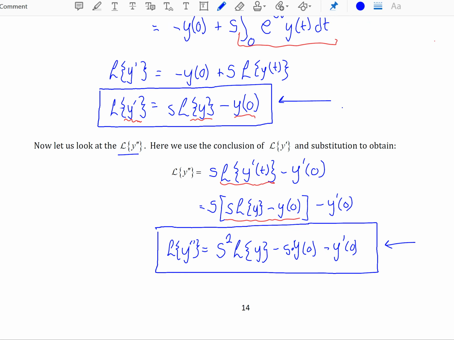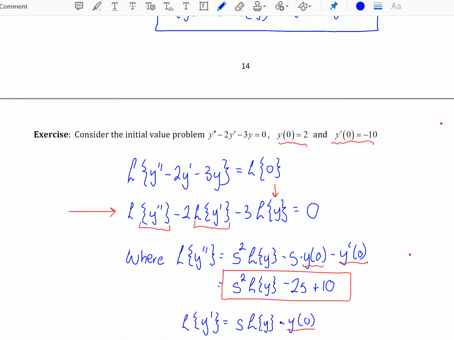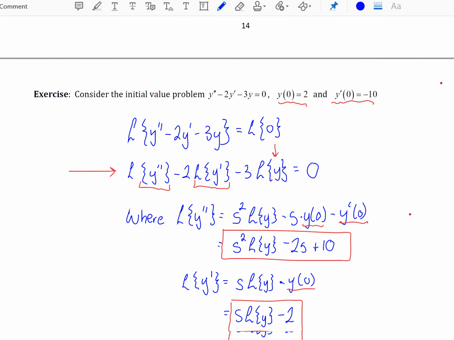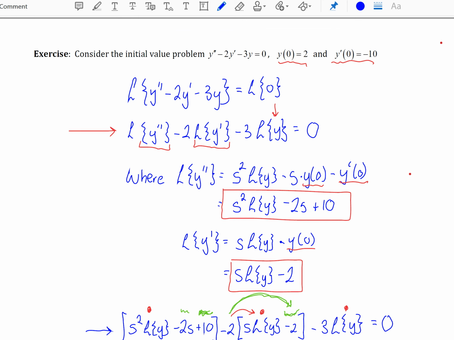Recall our method was to apply the Laplace transform to both sides of our equation, use the linearity properties to rewrite the left-hand side, and then substitute our definitions for Laplace of y prime and y double prime.